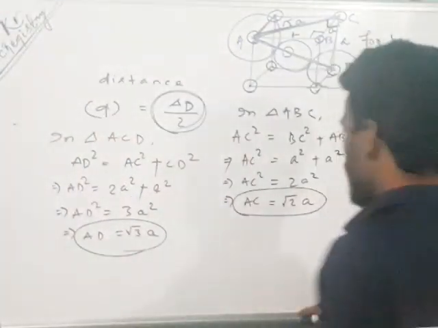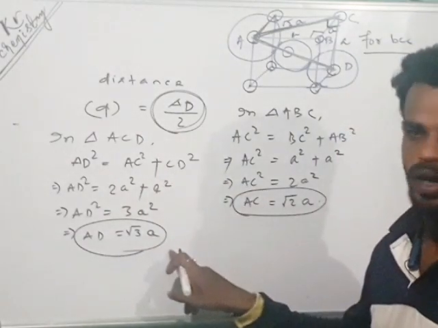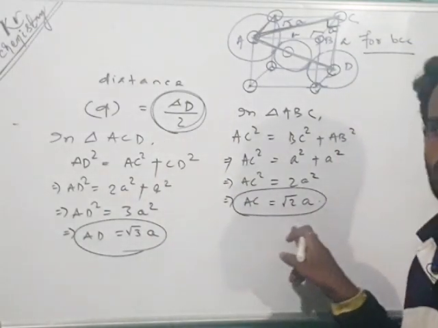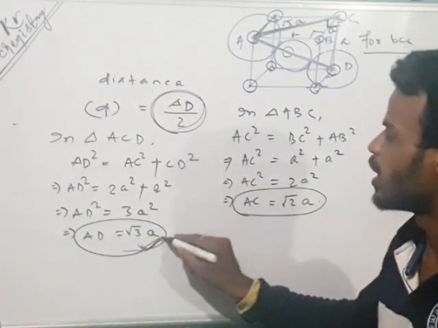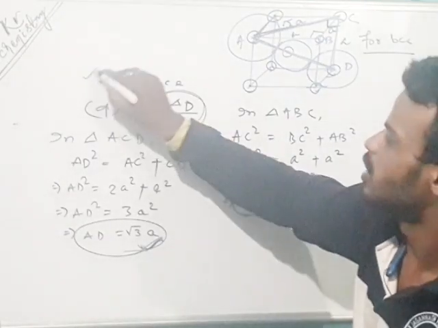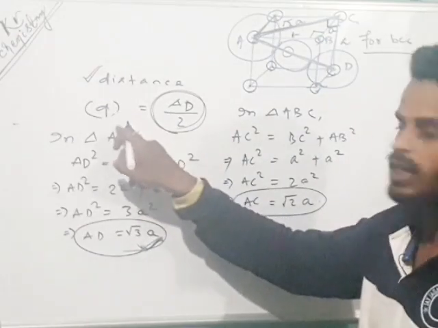Fine. I can find the value of AD is equal to root 3 into A and AC is equal to root 2 into A. Put the value of AD, root 3A, in the distance, so that we find the value of the distance.